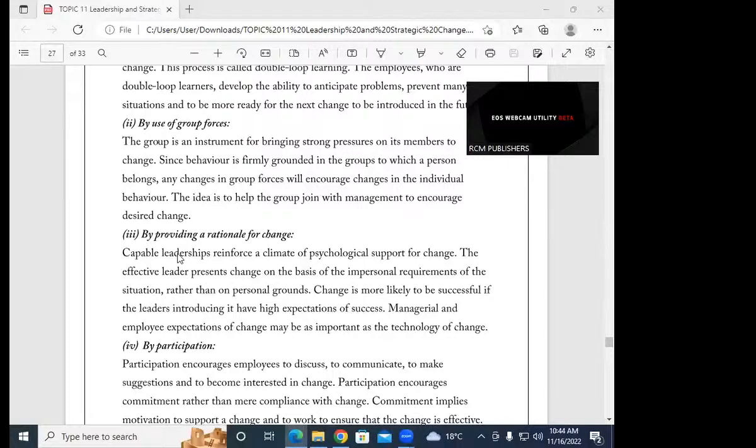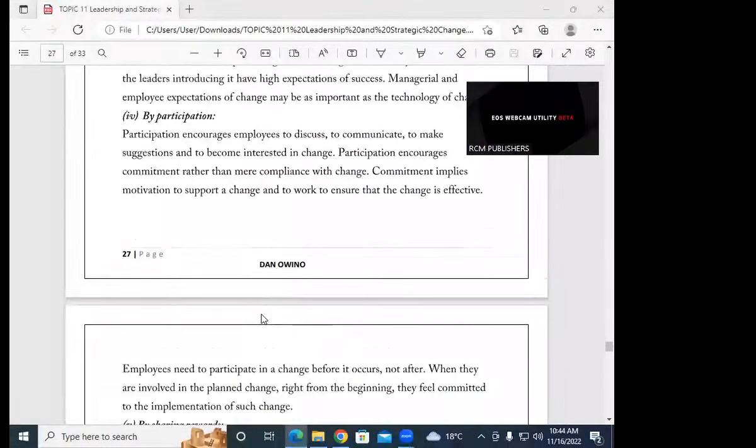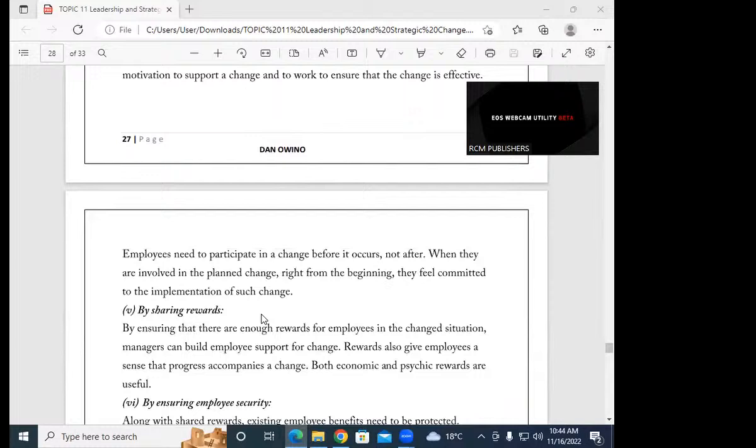Then the third one is by providing a rationale for change, telling people why you are introducing a change, so that they see the sense of why the changes are being effected. Then by participation, which is involving people in the change management process, where they give their views and opinions for effective change implementation.